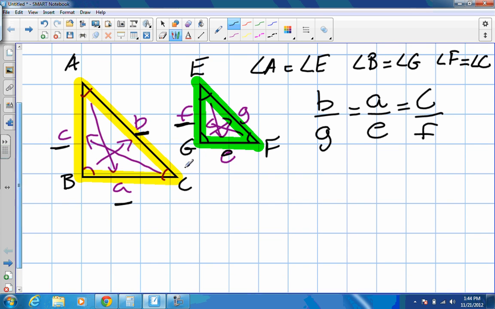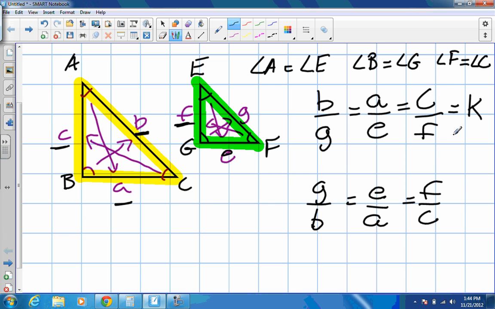But we also talked about, and I didn't quite show yesterday, that we could have set this scale up the opposite way. I could have said G over B is equal to E over A and is equal to F over C. There's nothing wrong with this. And what we're going to discover is that when we divide these terms, we get something called K. K represents the scale factor.